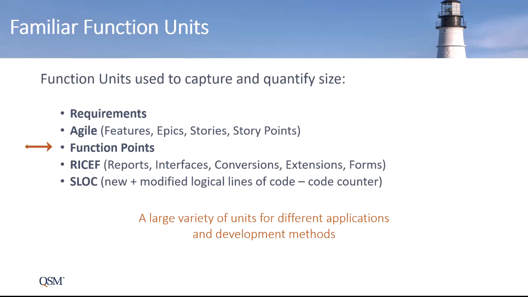Function points work well for business applications and are backed by the International Function Point User Group standard. RICEF objects are a good way to quantify the customization of commercial off-the-shelf packages. And source lines of code are typically used in embedded avionics and engineering software disciplines. There is a large variety of units that fit different application types and development methods.